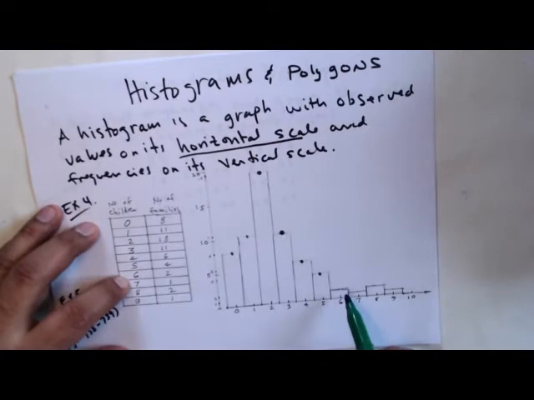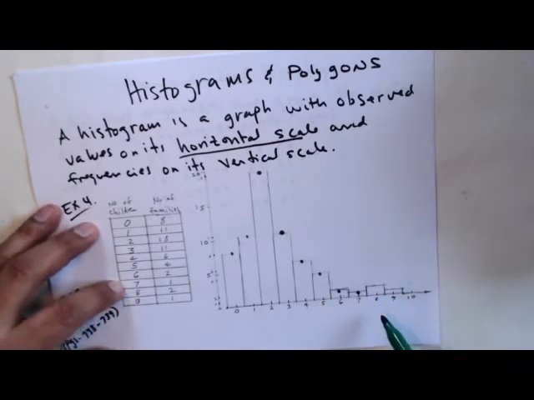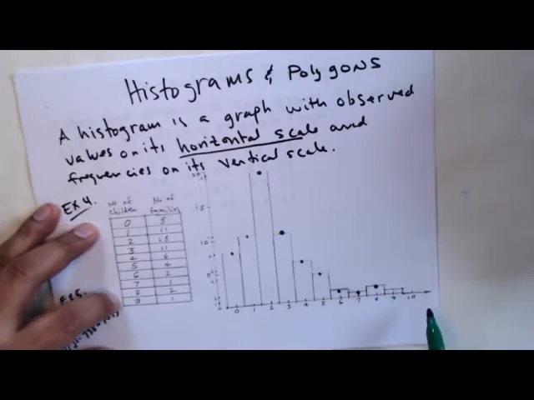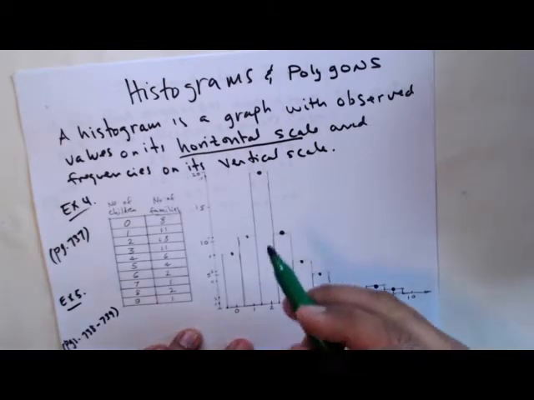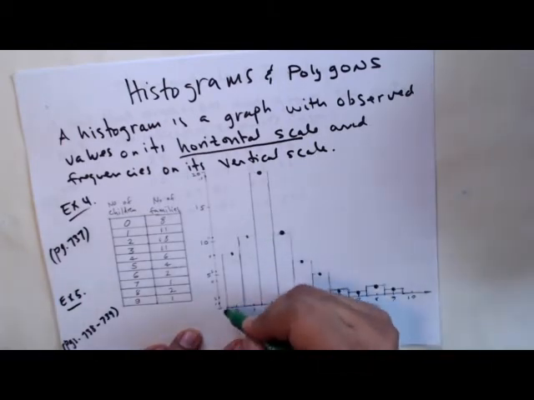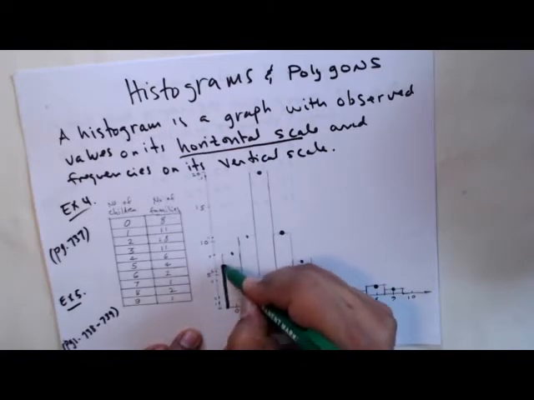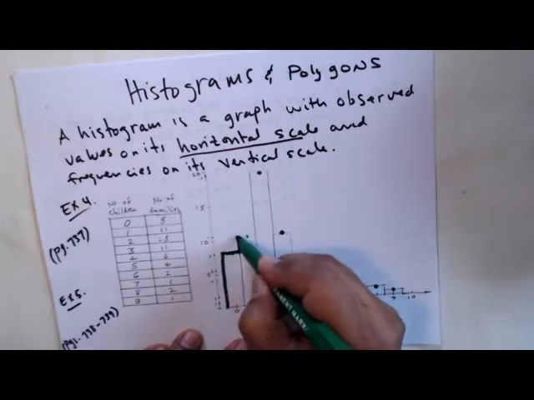For 6, we have 2. For 7, we have 1. For 8, we have 2, so this is about the same height. And here is 1. So when you do the histogram, all you have to do is, as you equidistance every point at the center, draw the lines and connect them.